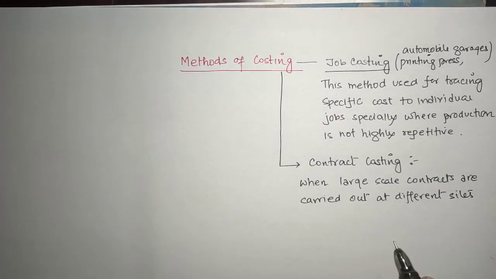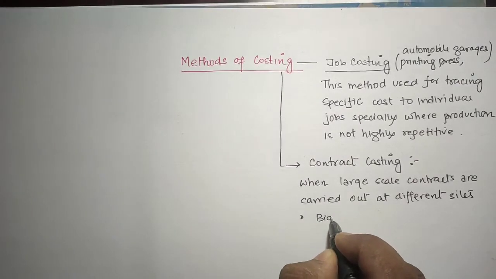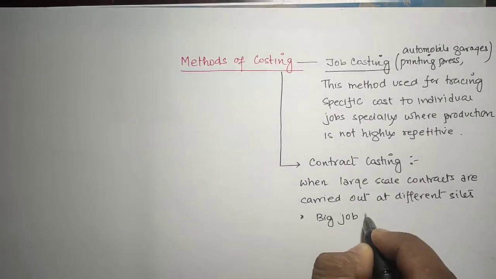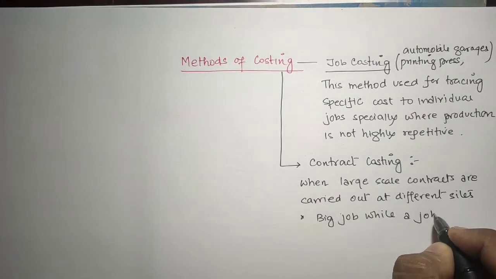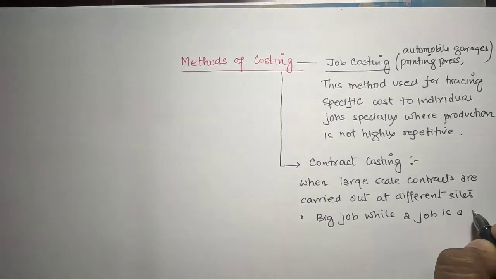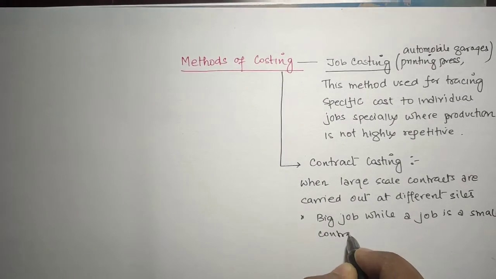Example, in the case of building construction, shipbuilders, etc. A contract is a big job, while a job is a small contract.